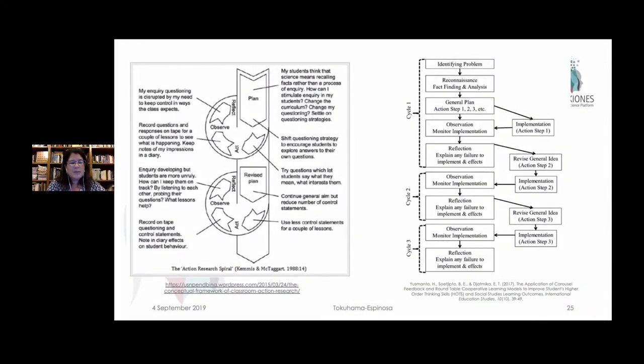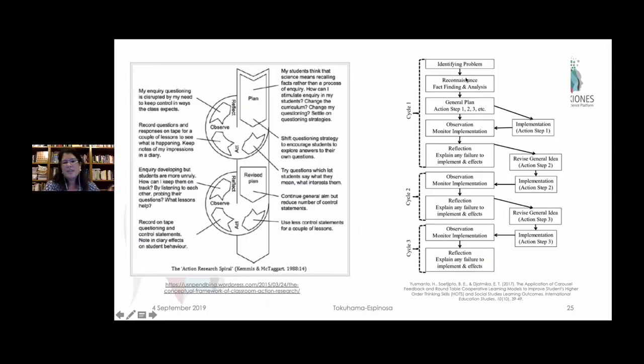Probably one of the most seminal articles ever written on this was done by McTaggart in '88. Here's a concrete explanation here of, this is my plan, this is the background information I had, this is the action I put into place, I observe what happened with the kids, I think about how they reacted to that particular teaching, and then I've revised my plan and now I have a new one. So his is kind of a little bit different, but it was one of the first to get out there, right?